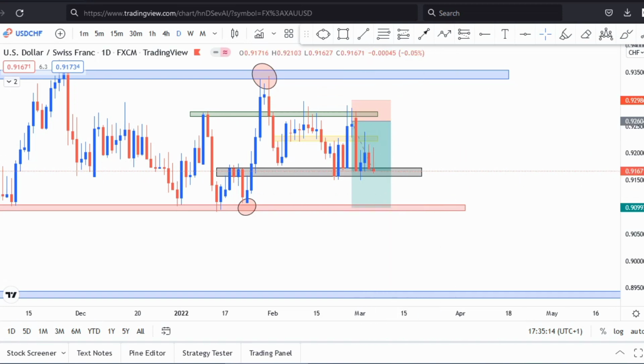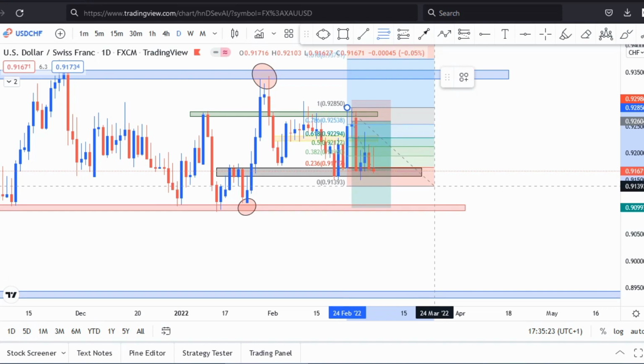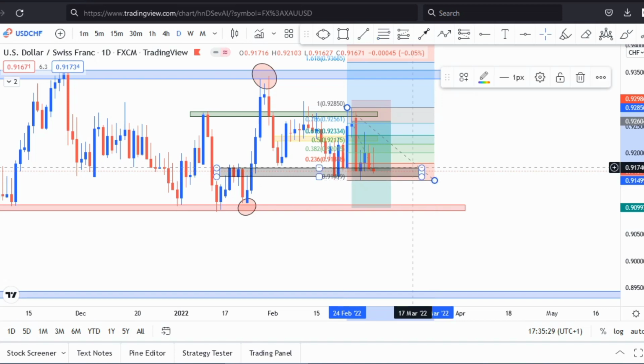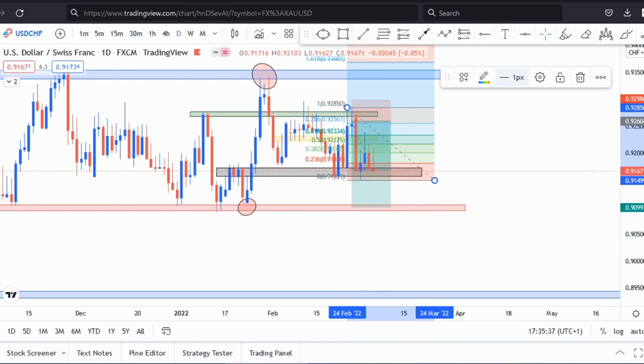And then if we take our Fibonacci retracement again, from this swing high here down to this swing low, we can see that price tested the 0.61 Fibonacci level, which is here, and then rejected off it all the way to the downside, and we're expecting price to continue all the way to the 0.91 area, as I was saying earlier.